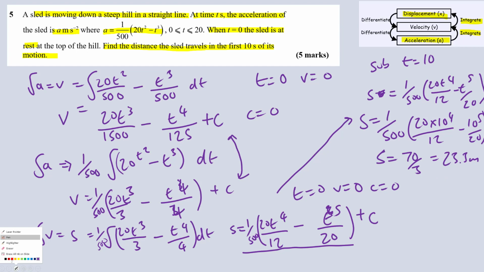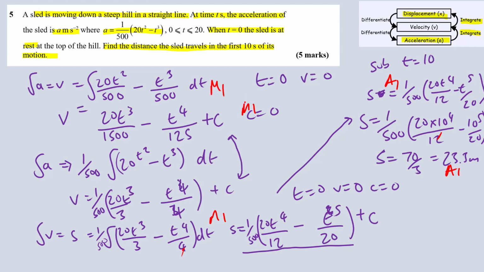Let's show you. That gives you the accuracy mark. Finding this, what I've written here, gives you the accuracy mark. Attempting to integrate, so even if you get it wrong, gives you a method mark. Finding this up here gives you a method mark, and attempting to integrate gets you a method mark.